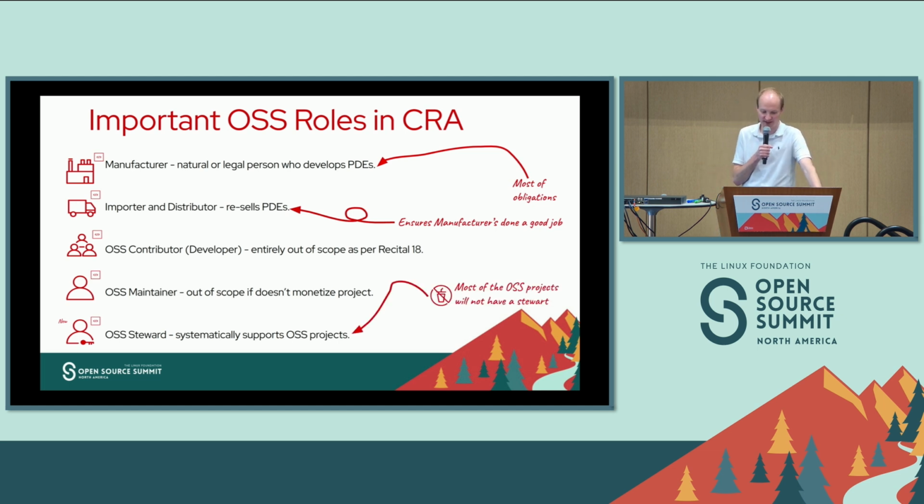Open source contributors and developers are entirely out of scope. Open source maintainers are also kind of out of scope if they don't monetize projects, which is also good news. And open source stewards are an interesting entity under the CRA because it's not a mandatory entity. It's a voluntary, self-nominated role, and most open source projects will not have a steward anyway.